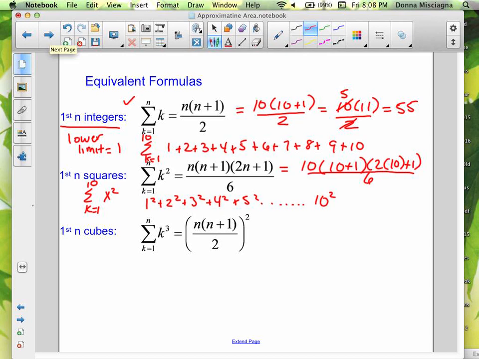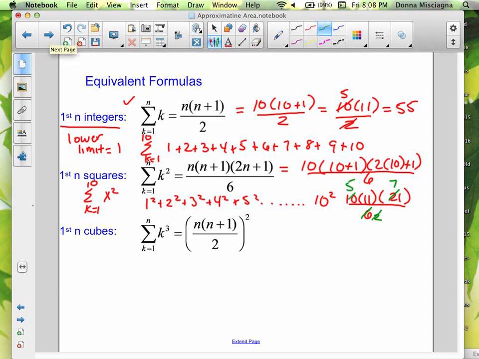So the sum of the first 10 squares would be 10 times 11 times 21, divided by 6, and then we just have to multiply those together. Actually, I'm going to reduce here, so I can divide 6 into 21. They're both divisible by 3, so this would be a 7, and this would be a 2. But I could do that as well.